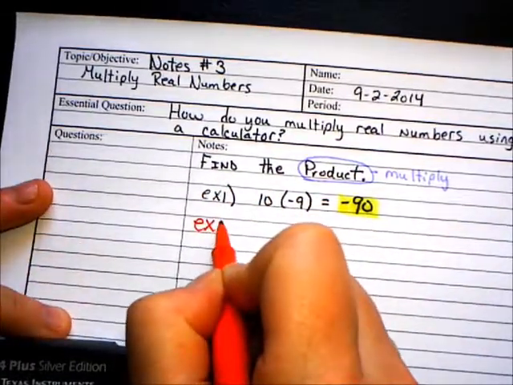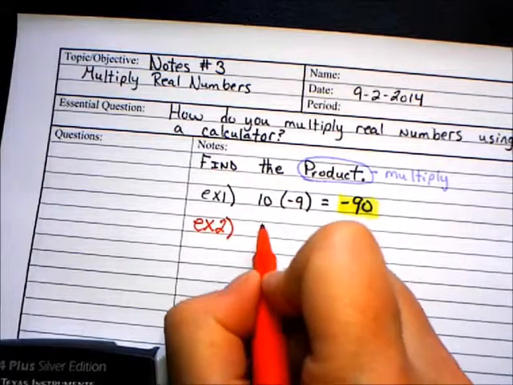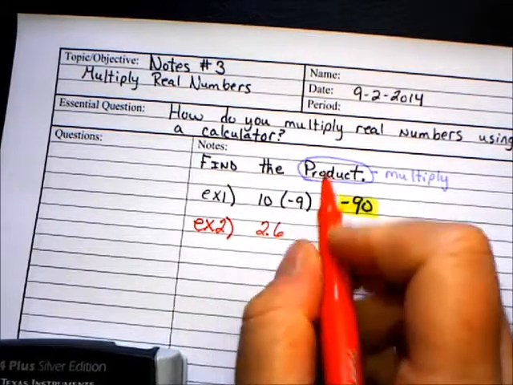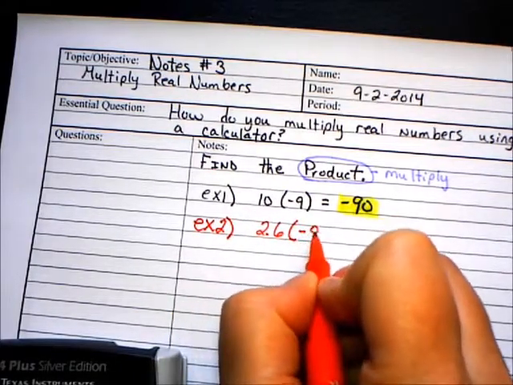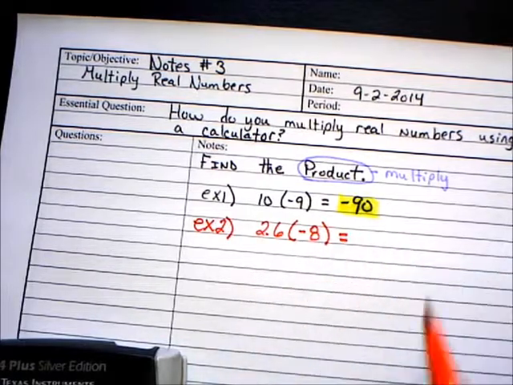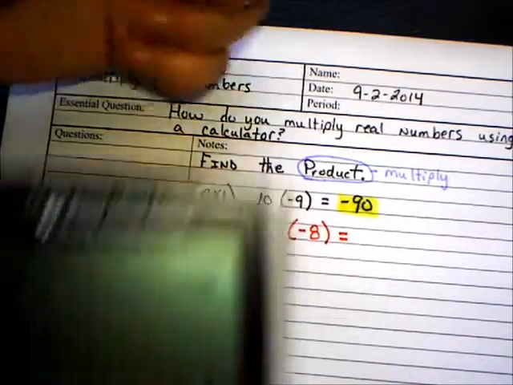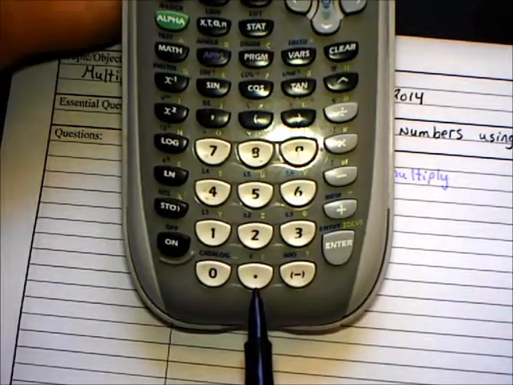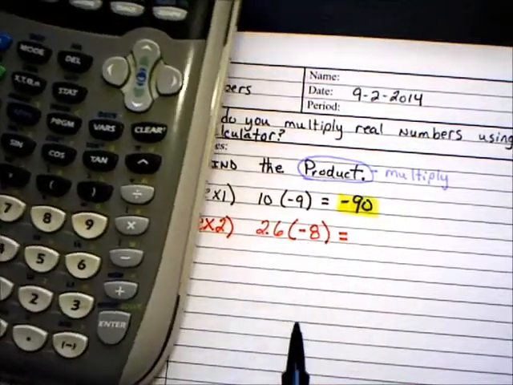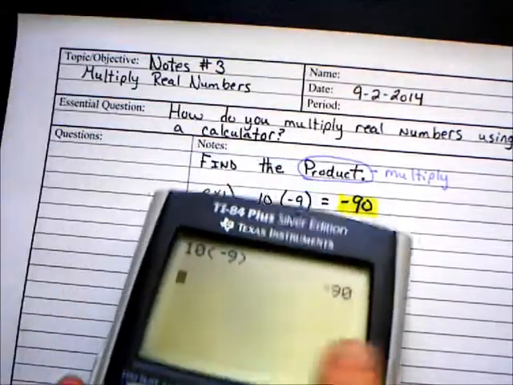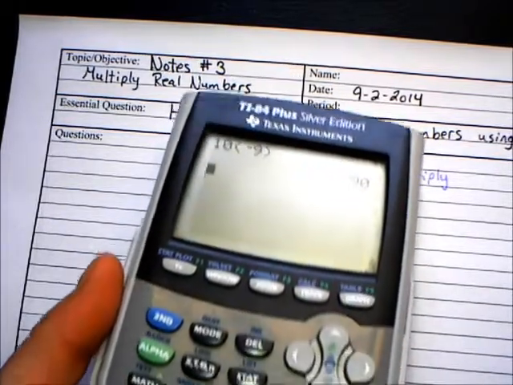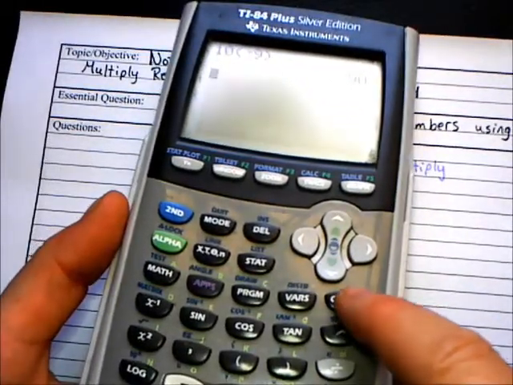Okay, example 2 is going to be 2.5 parentheses negative 8, close your parentheses and put the equal sign. This time we have a decimal in our problem. Remember, the decimal is located at the bottom of your calculator next to the negative. We're going to type this in. Remember, if you want to clear your screen of what was there, then you push the clear button.